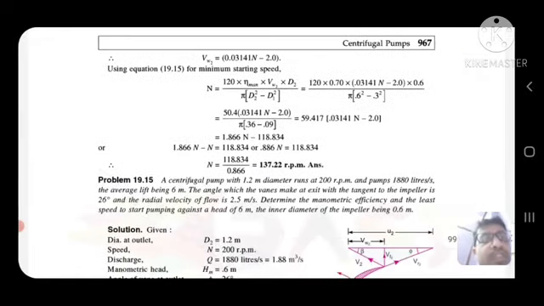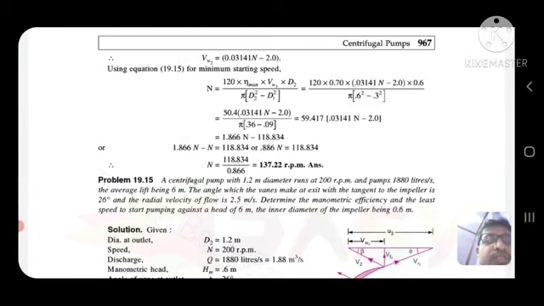So Vw2 equals u2 minus 2.0. u2 is equal to pi D2 N by 60, pi into 0.60 N by 60, so that is 0.03141 N. Vw2 equals 0.03141 N minus 2.0.